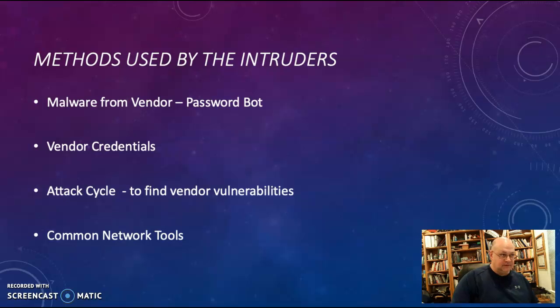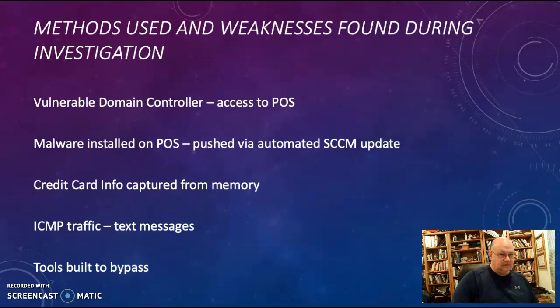Moving next to our next slide, we'll discuss methods used and weaknesses found during the investigation. One of the key issues here was a vulnerable domain controller. That was found by a report, and the retail attack uncovered a misconfigured system. That misconfigured system was a vulnerable domain controller that could then be used to obtain access to the point-of-sale system.